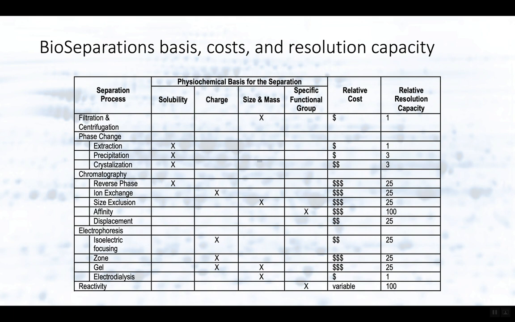So there are ways to make isoelectric focusing continuous rather than batch. You can do relatively large volumes compared to other forms of electrophoresis, and you can get pretty good purity out of that kind of process. It has a very high resolution capacity.